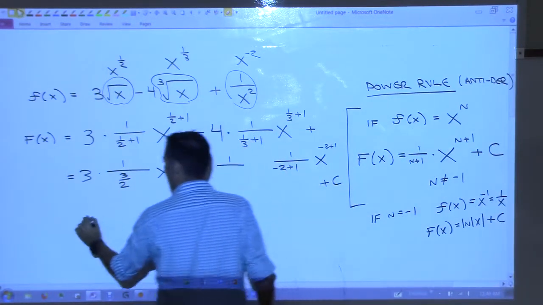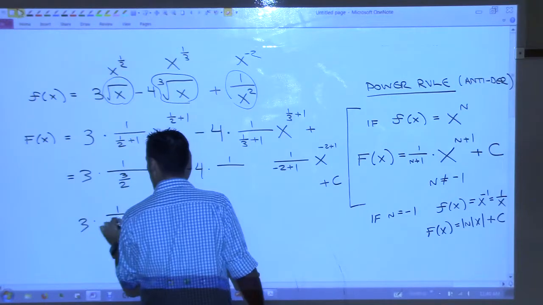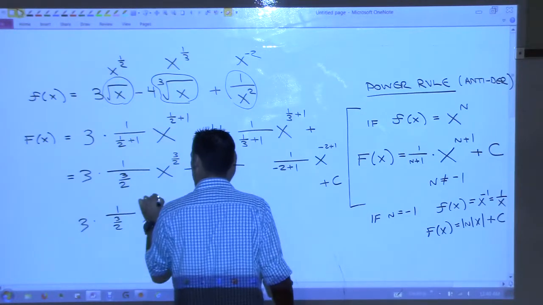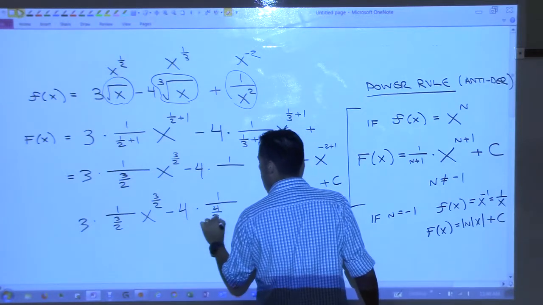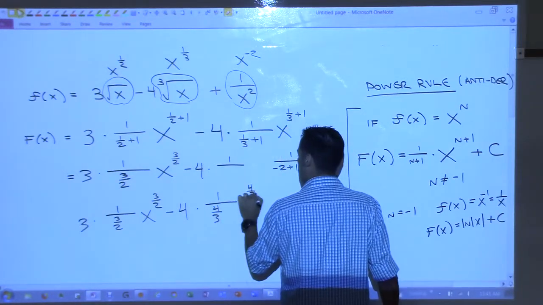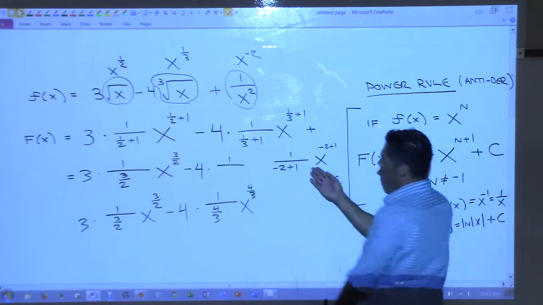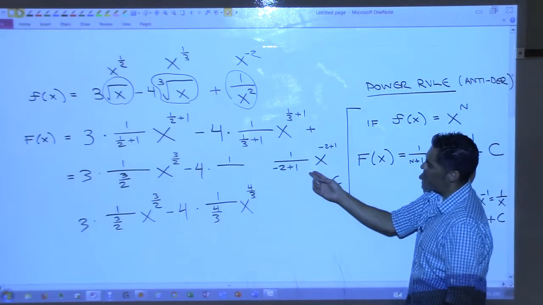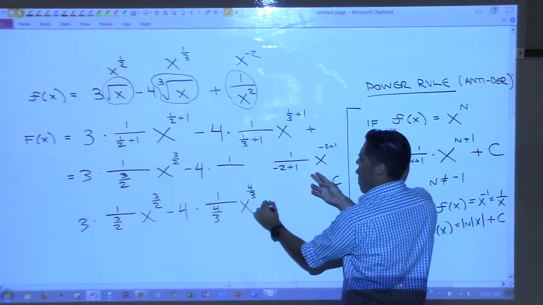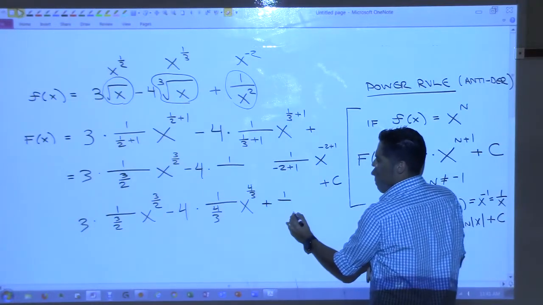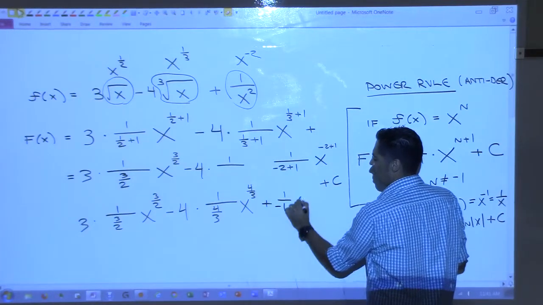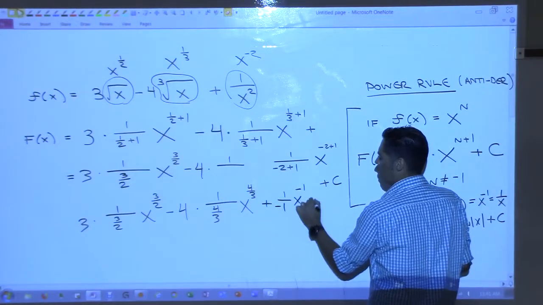I'm going to write it over here. 3 times 1 over 3 halves, x to the 3 halves, minus 4 times 1 over 4 thirds, x to the 4 thirds. Where am I at? Here? Okay, so now this one is going to be plus 1 over negative 1, x to the negative 1 plus c.